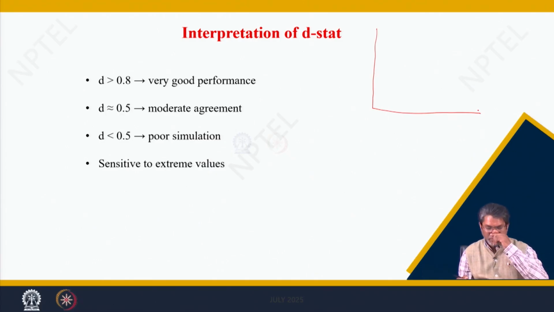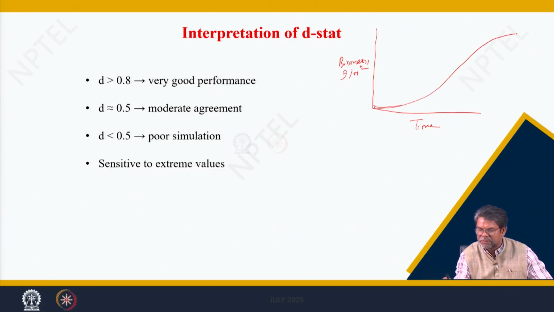In case I am going for the biomass simulation time series or the grain yield, or time series biomass, the model simulates biomass in grams per meter square, with time on the x axis. The model simulates the biomass as per the crop growth curve.